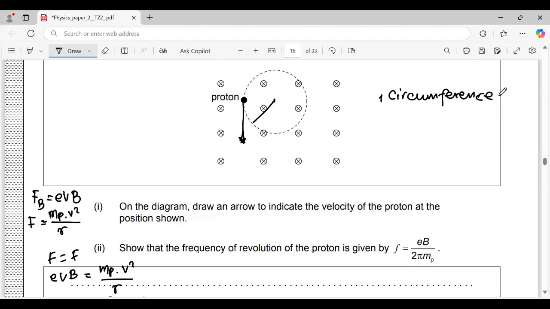One circumference formula is 2 times pi times r.